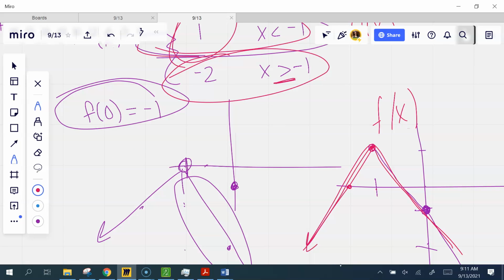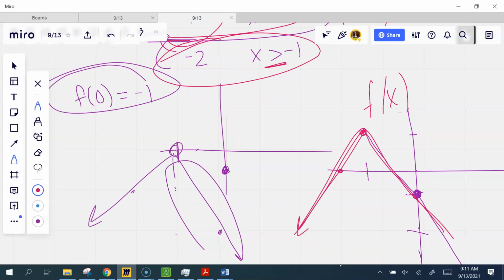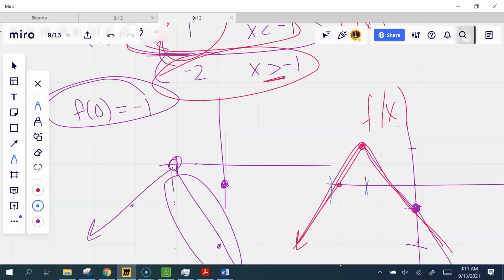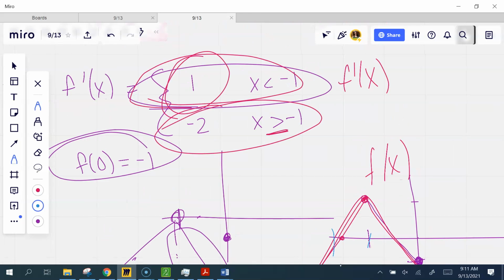So if I asked you, Noah, what is the derivative of f at negative 1? Or at negative 2. Let's go negative 2. So when x is negative 2 on this graph, what's the slope of that line? Looks like it's 1, right? That's what this is telling me.